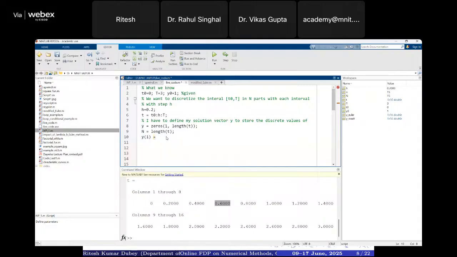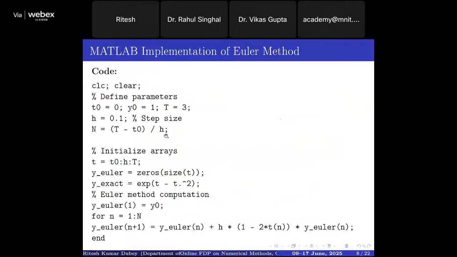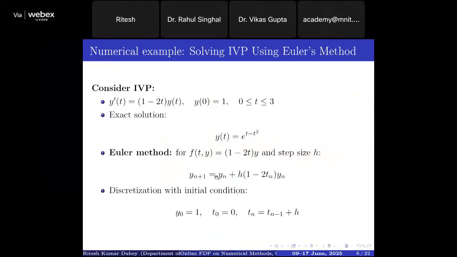I can put y0 or I can put 1 also, but I am putting y0 here. Now y1 is known to me, and I want to find y2, y at index 2. Looking at the expression, y2 is equal to y1 plus h times (1 minus 2 t1) times y1.